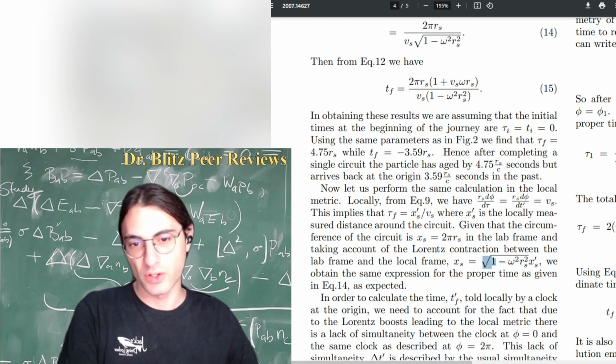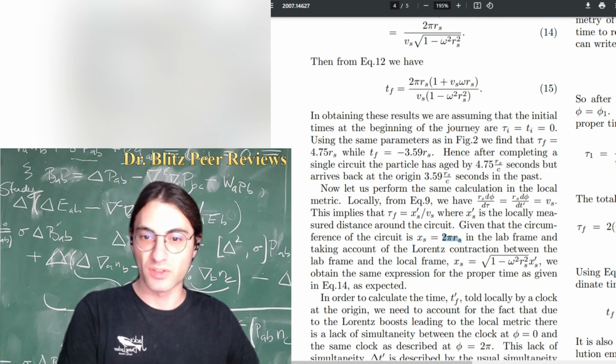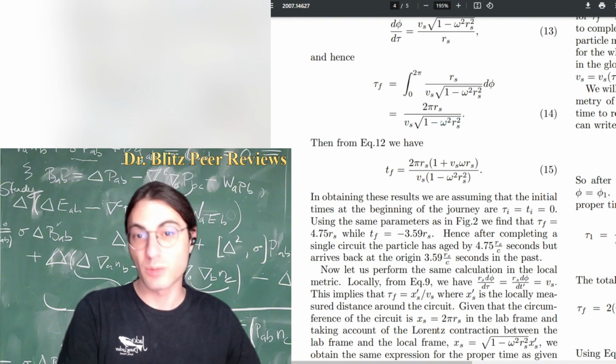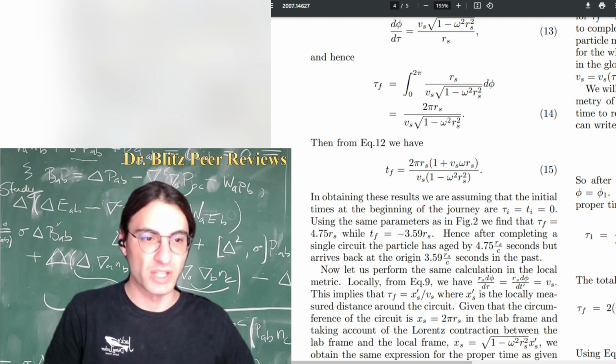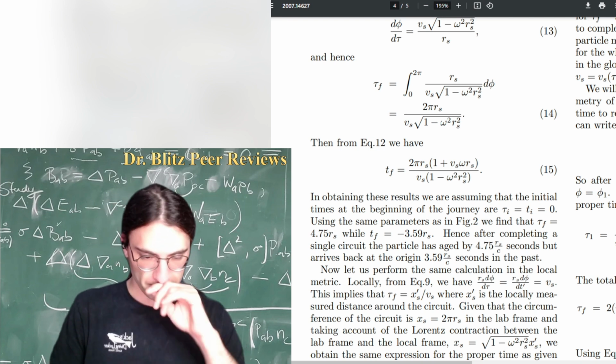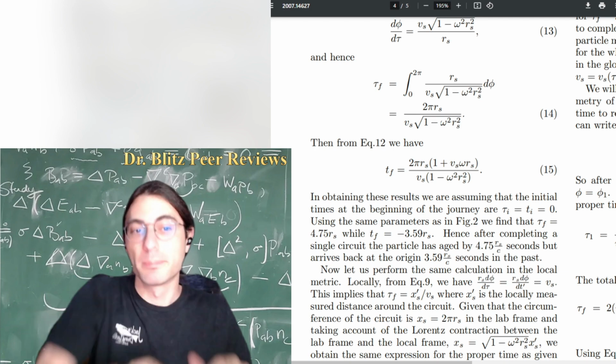So in particular, you have to modify x sub s prime. Apparently, if you substitute in x sub s as 2 pi r sub s, and then substitute in for tau sub s, you get the same answer that you got in equation 14, which is good. It means that everything's consistent: regardless of the system that you do the calculations in, you get the same watch time, which is the proper time.